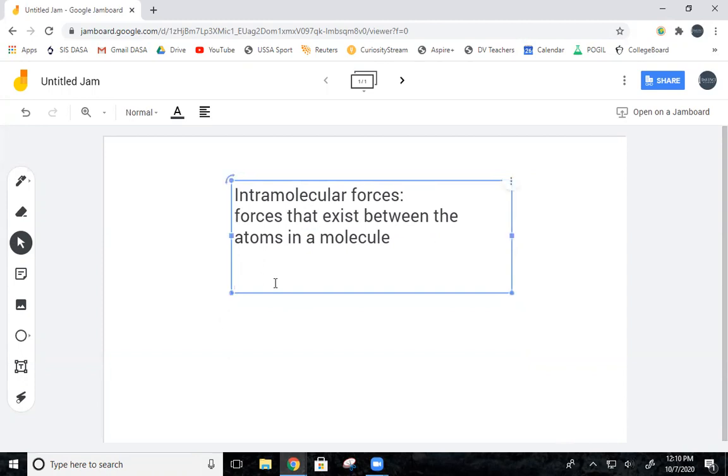Okay, so really what we're talking about here is bond strength. The strength of the bonds between the atoms, and this is related to how much energy can be released when you break those bonds, okay?